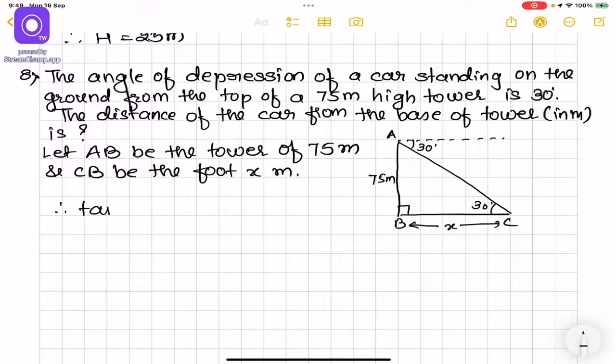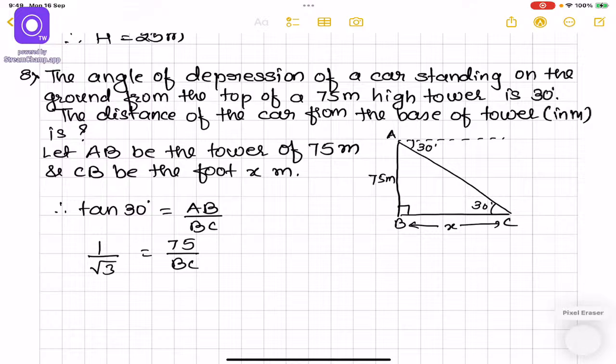Therefore, tan 30 will be equal to AB upon BC. So tan 30 means 1 by root 3 equal to AB is 75, BC is unknown. Here we have taken x, so I am writing x there.